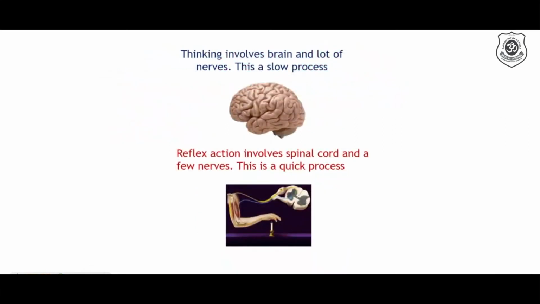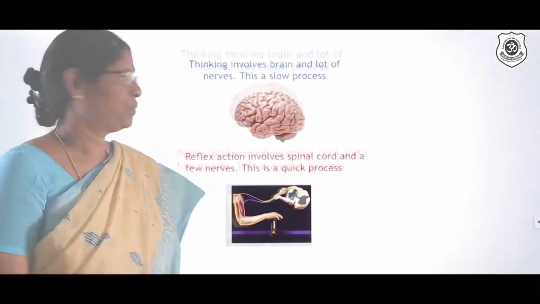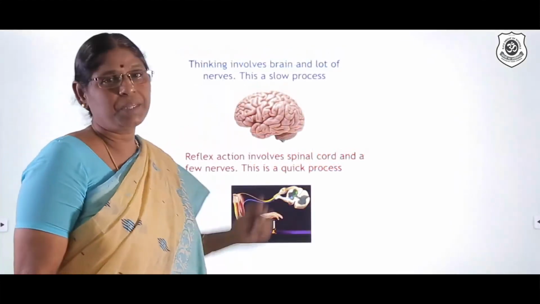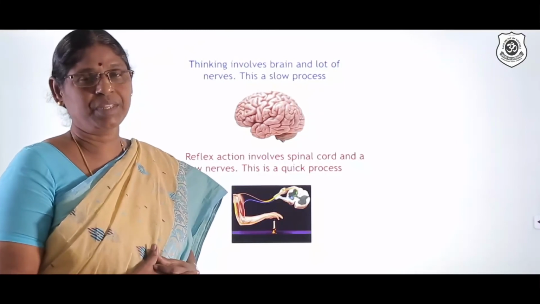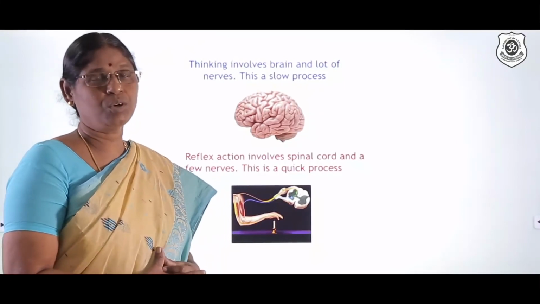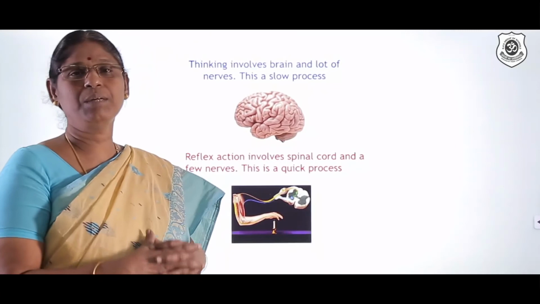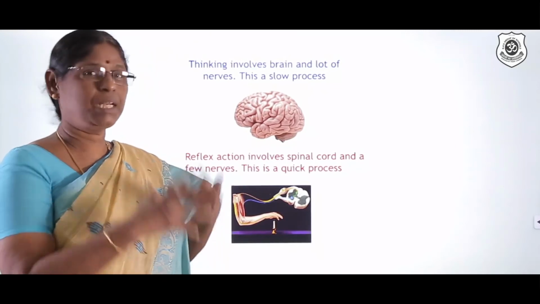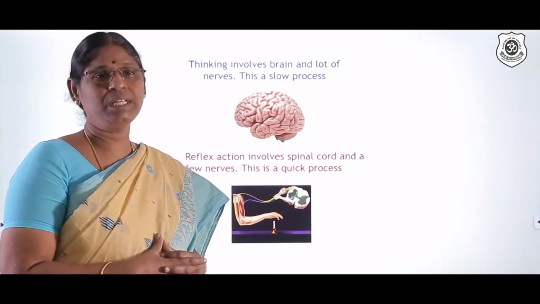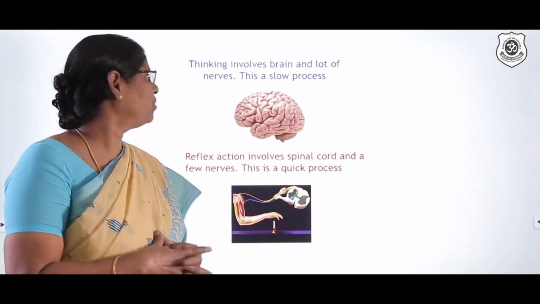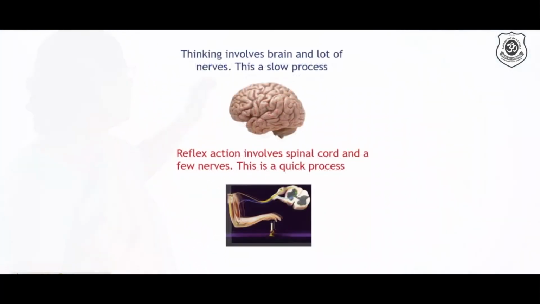Now let us see the difference between thinking and reflex action. Here thinking means it involves a lot of nerves and it is done by the brain, because you have learnt when you studied about the brain function that cerebrum plays a very important role in thinking, logical thinking, everything, isn't it? So thinking involves brain and a lot of nerves are needed for it.